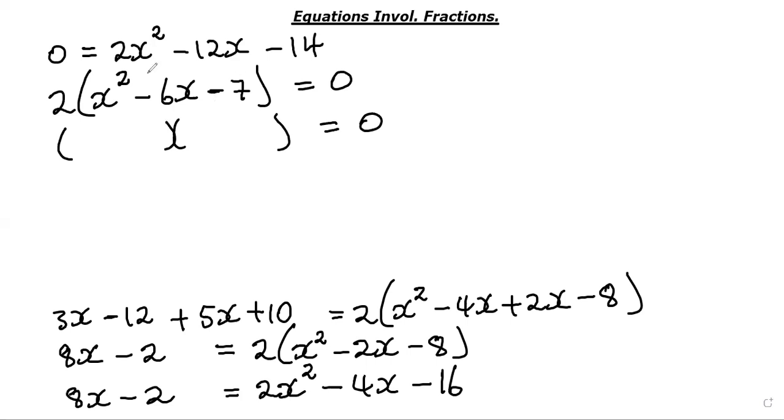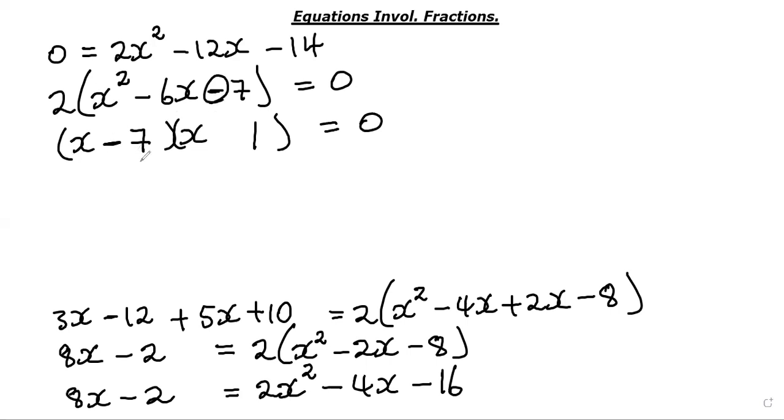Then we divide both sides by 2. And then we factorize x squared - 6x - 7. So factors of x squared, it's x and x. Factors of 7, such that if we add or subtract, we have to get 6. Well, it can only be 7 and 1. The bigger number takes the sign of the middle term.